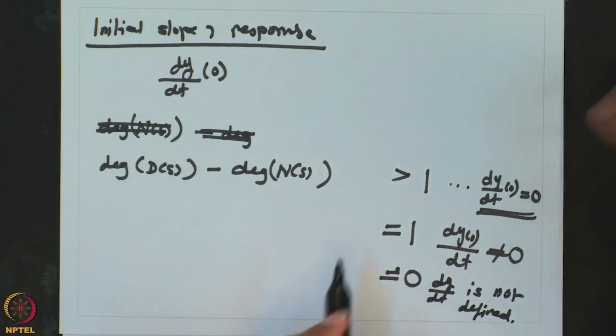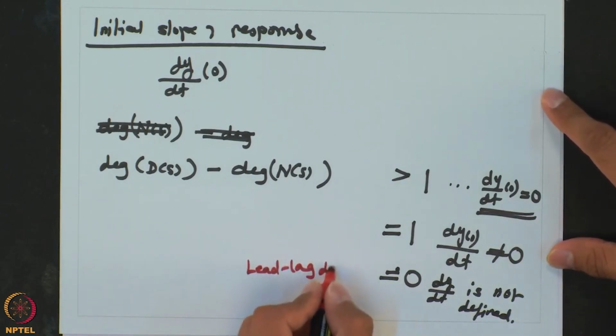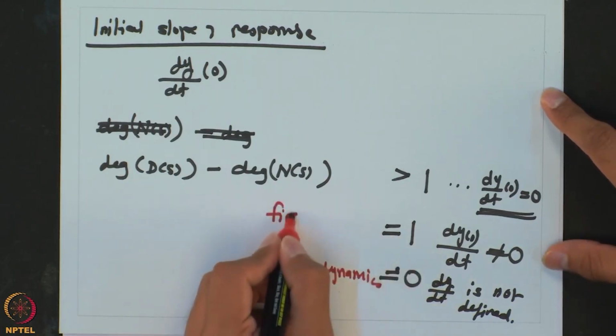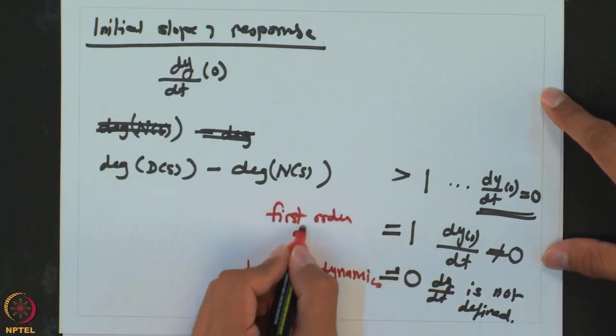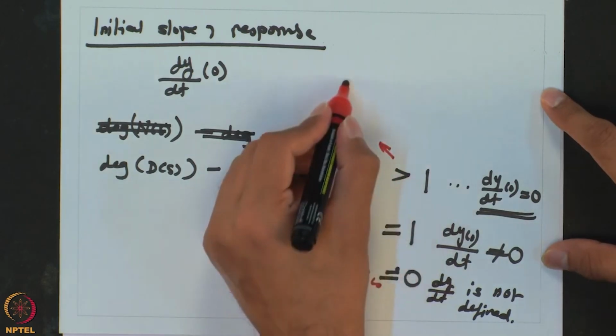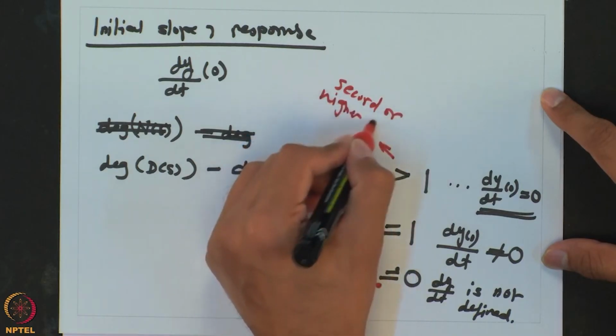So, this was the case when we have the lead lag type of dynamics. This was the case of the first order dynamics, and this is the case when you have second or higher order dynamics.